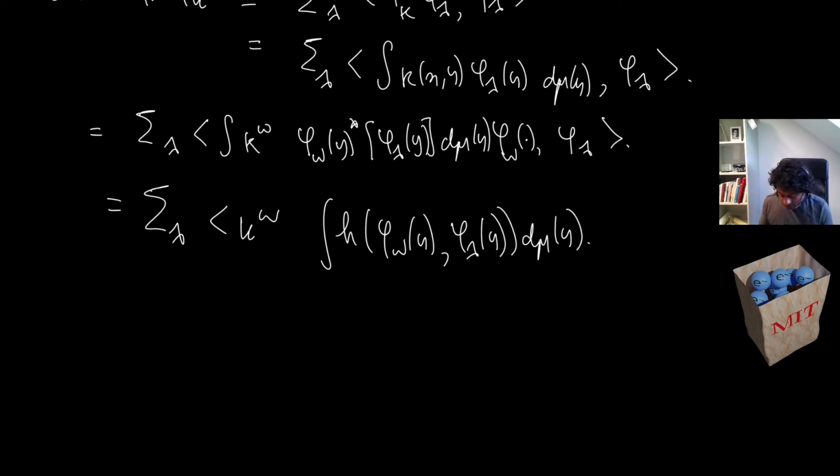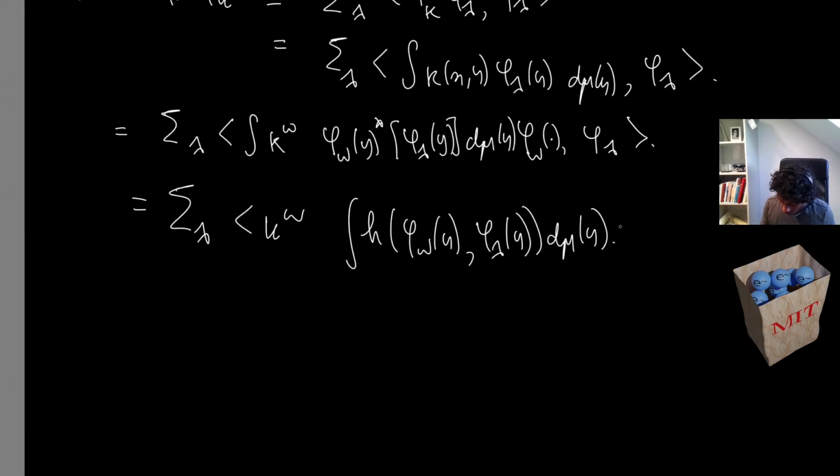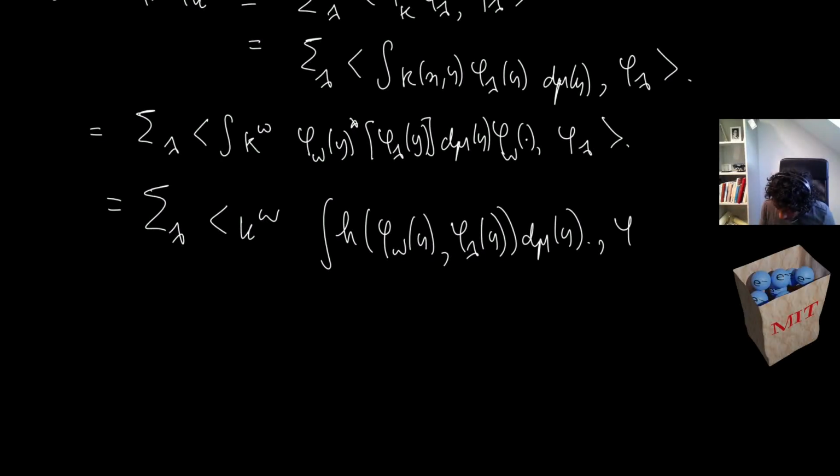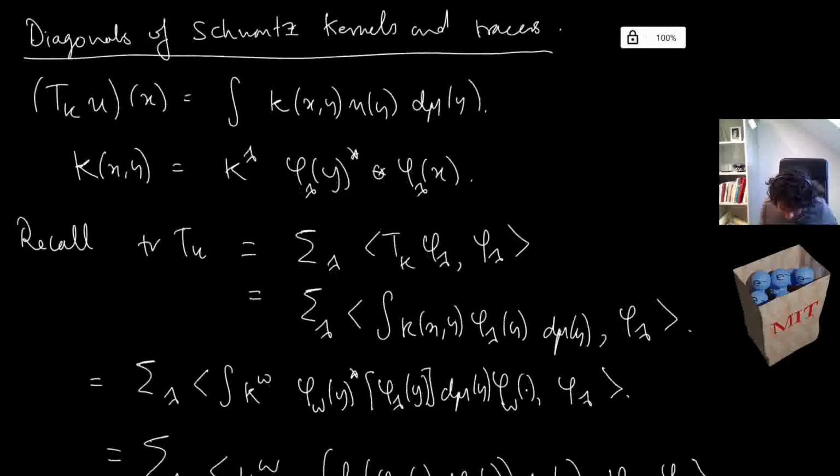This is just going to be equal to the modulus of phi_lambda, because we've picked an orthogonal basis. K_omega is the eigen expansion of the kernel.